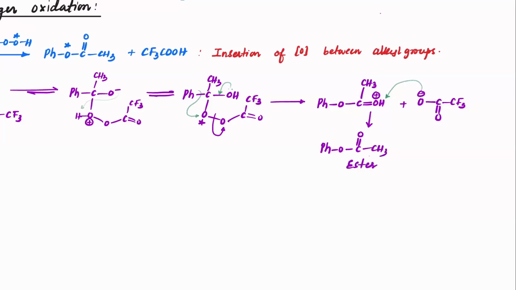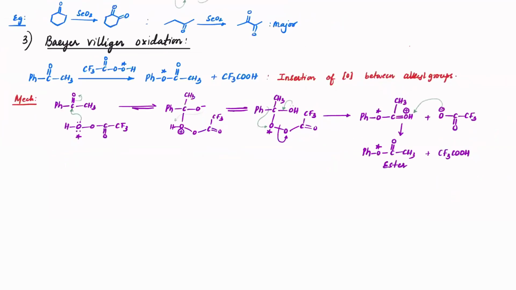So Baeyer-Villiger oxidation is about generating esters from ketones. If you want to generate esters from ketones, this is the reaction that you will do. So CF3COOH. Please check the reaction quickly. The mechanism is clear.